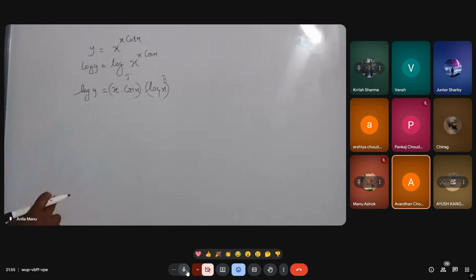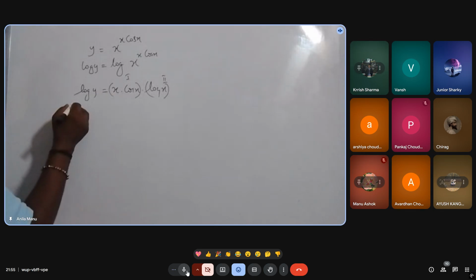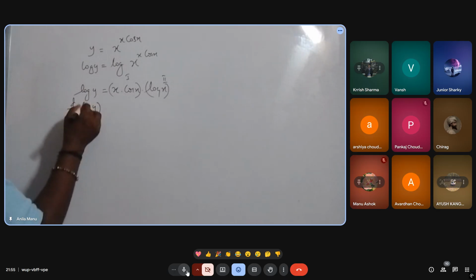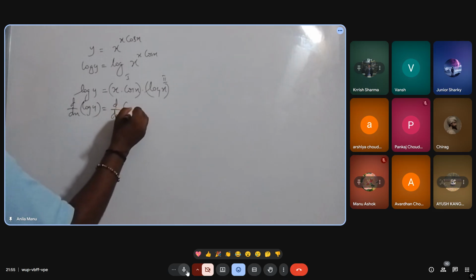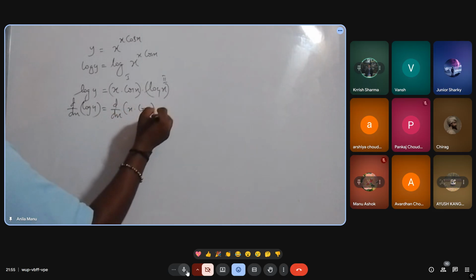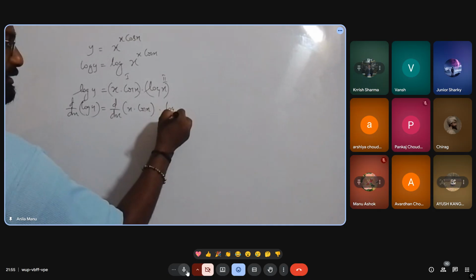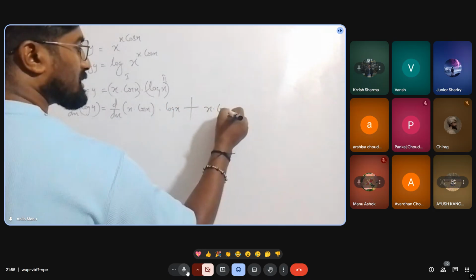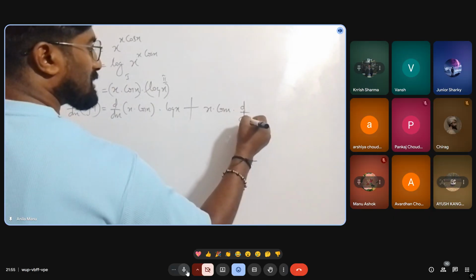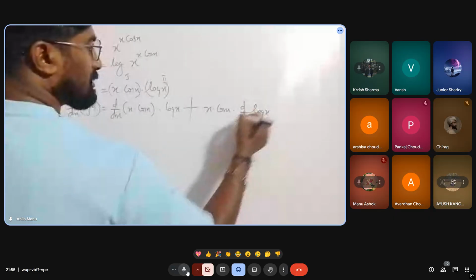So differentiating both sides with respect to x: d by dx of log y is equal to d by dx of x cos x, the first function, into the second, plus the first, x cos x, into d by dx of the second function, log x. Clear?